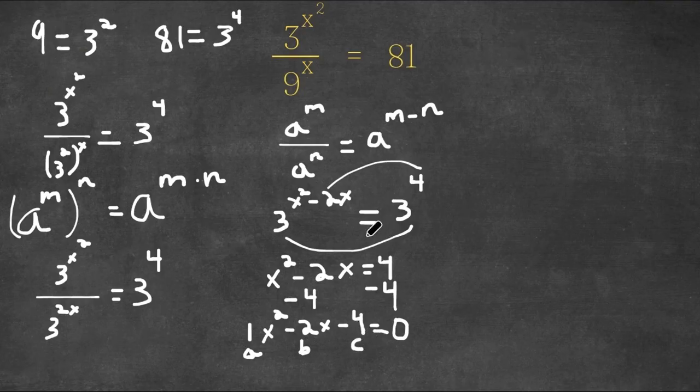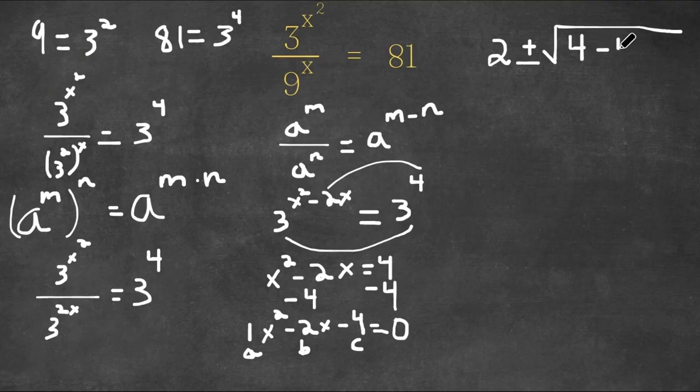So we have negative b, so 2 plus or minus the square root of b squared, so negative 2 squared, which is 4, minus 4 times a, which is 1, times c, which is negative 4. And we're dividing this by 2 times a, which is 2 times 1, which is 2.